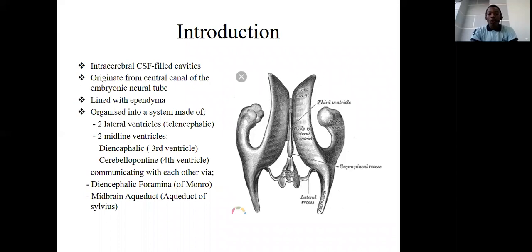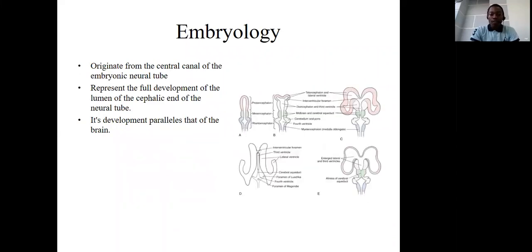So embryologically, the ventricular system, being a system of cavities inside the brain, forms following the development of the encephalon. So they originate from the central canal of the embryonic neural tube, and then as the brain develops, the cavities too develop.